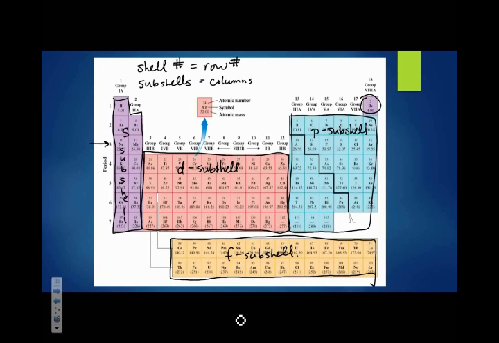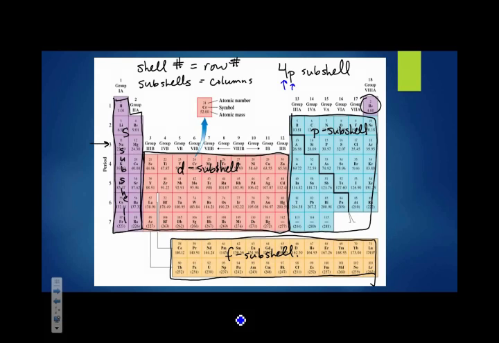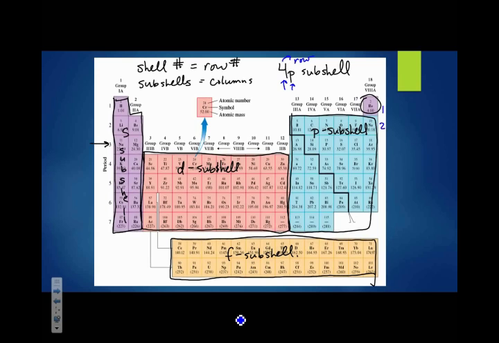So if I asked you where the 4P subshell was located, you would check this number and this letter. You would say, I need to find the 4th row, and I need to find the P block. So we would count 1, 2, 3, 4, and here's the P block. So it would be one of those elements.